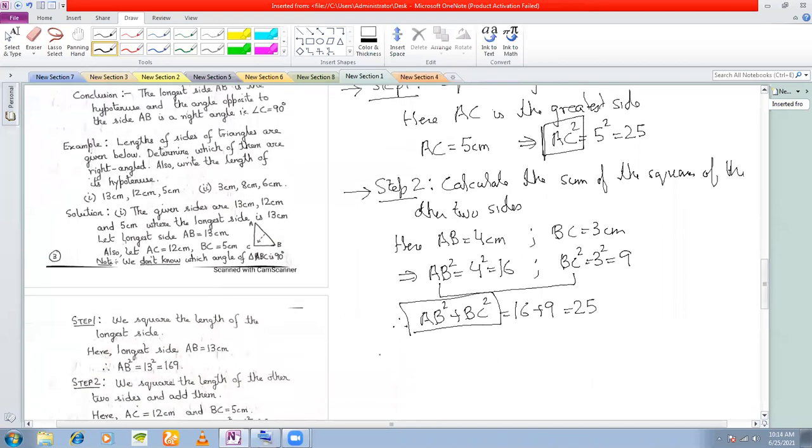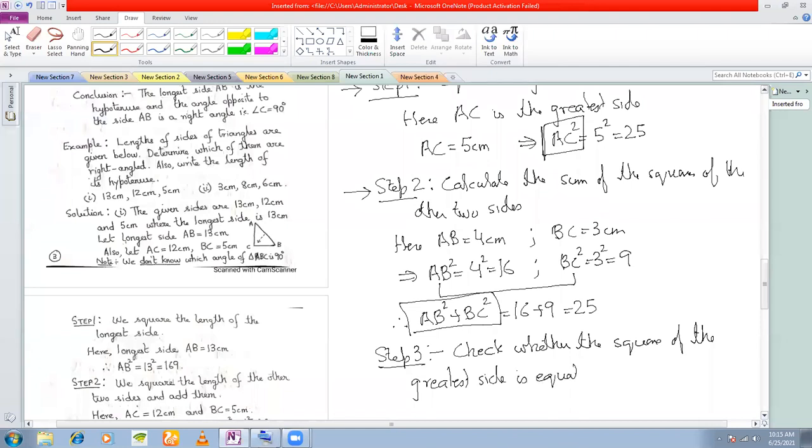So check whether the square of the greatest side is equal to the sum of the squares of the other two sides.